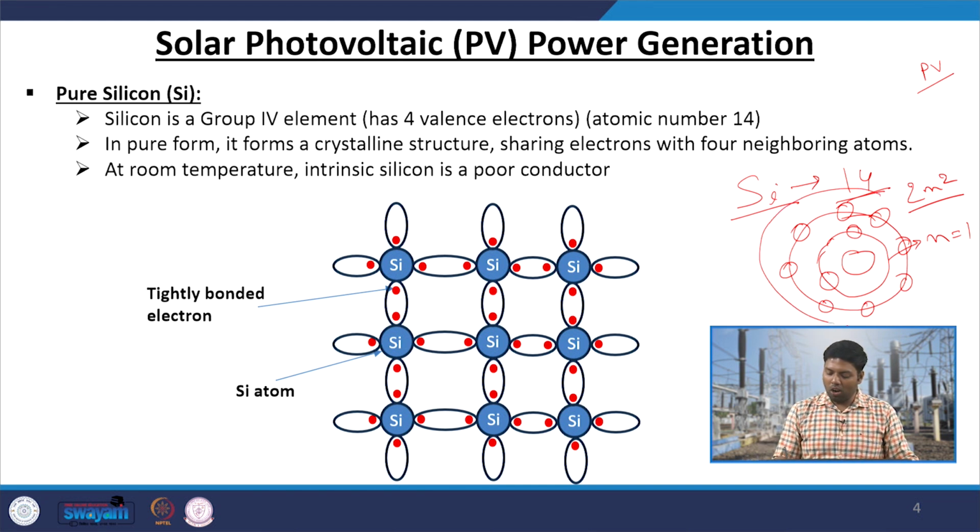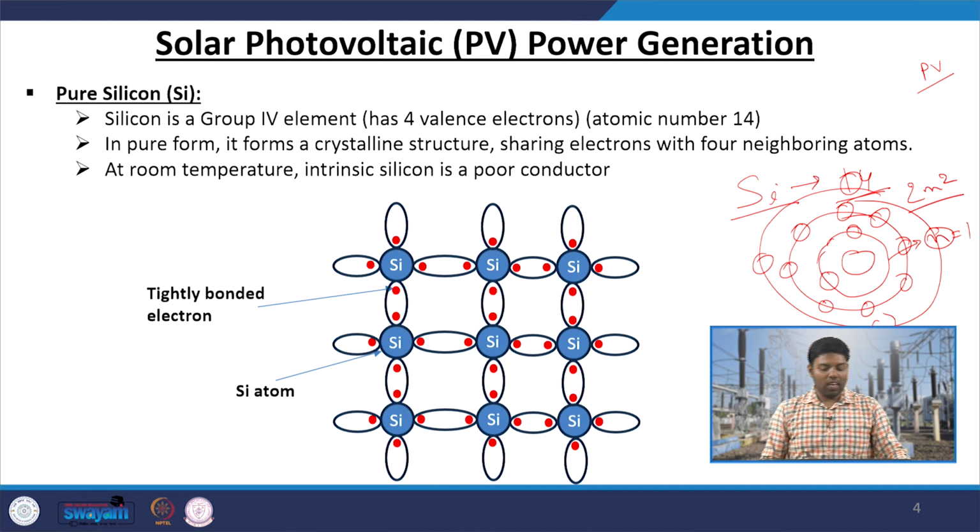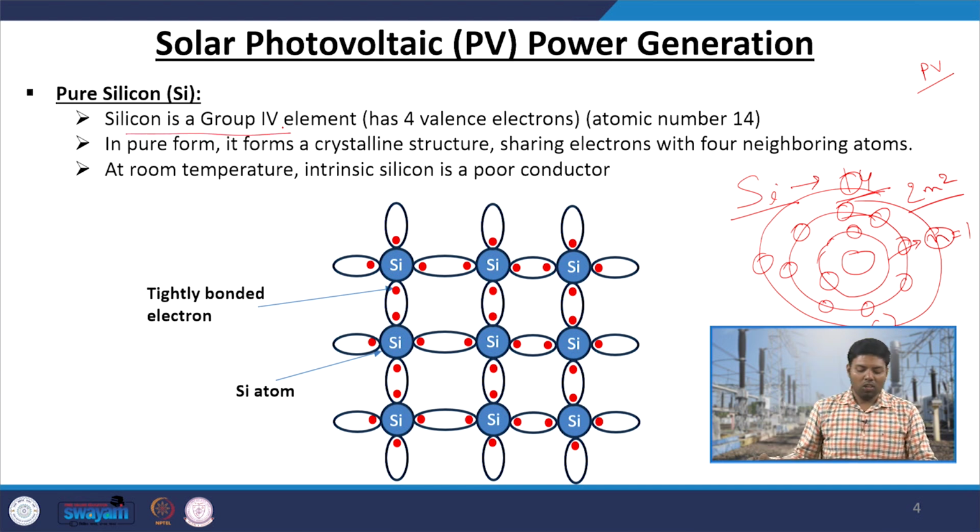At the third orbit you have 4 electrons. That is there for silicon, a group 4 element.